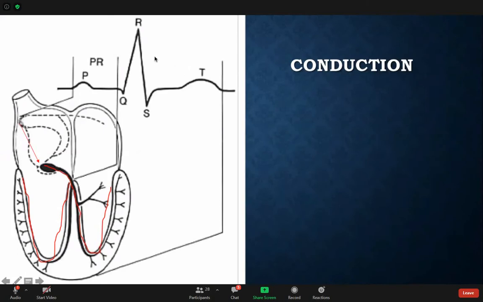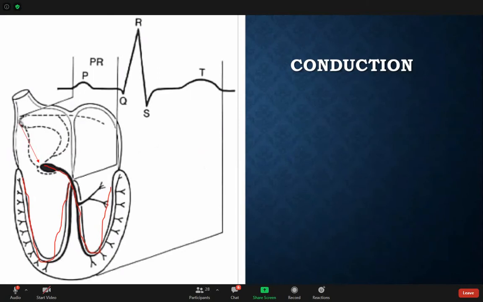Do you know what the P wave represents? Anyone know? What is P? P represents what? Exactly, P is atrial depolarization.